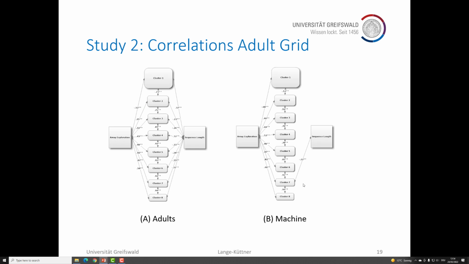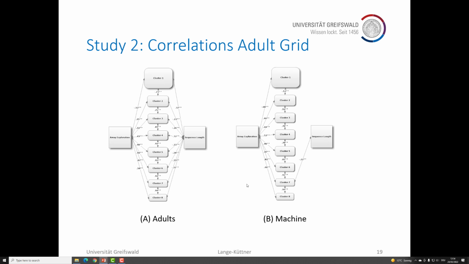And now let's have a look at the correlations, and we again find the same correlational pattern. For the adult human players, we find a negative correlation with the primary cluster and a positive correlation with the smaller cluster, and the reverse for sequence length, with a positive correlation for the large cluster and negative correlations for the smaller cluster.